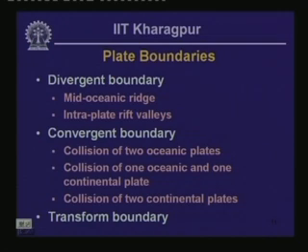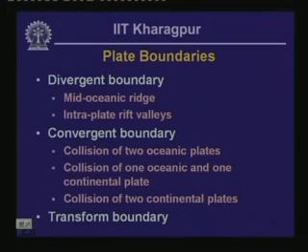Okay. Now we want to look at the plate boundaries. What are the types of plate boundaries? Plate boundaries could be divergent boundaries, where seafloor spreading is taking place, or where magma is getting ejected to the surface and pushing out the crust on either side.